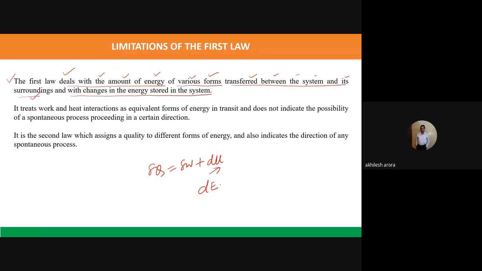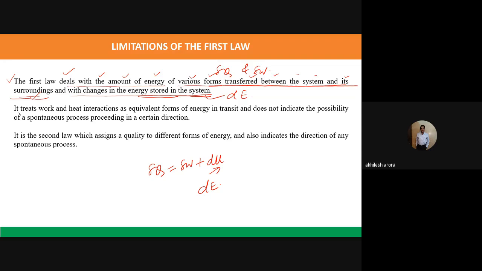The first part of this statement says energy of various forms transferred between the system and its surroundings. That means we are talking about delta Q and delta W only, and with changes in the energy stored in the system, that means we are talking about dE, the energy part. This is already known to you.